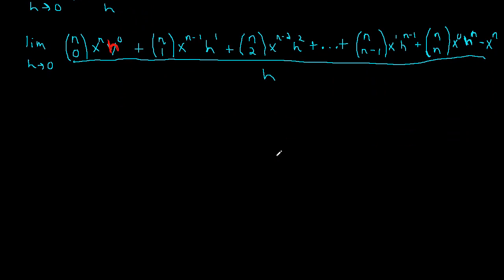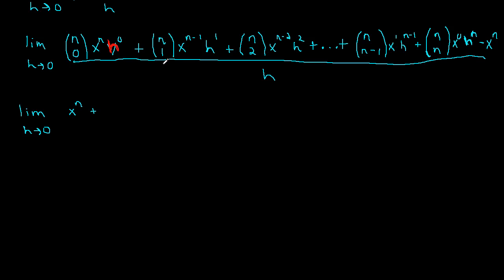Now, let's just go ahead and simplify this a little bit. And I'm going to do several things at once. The first thing I'm going to notice is that n choose 0 is just 1. And if you don't know what n choose 0 is, again, I talk about it in a previous video. N choose 0 is just 1. So this is really 1 times x to the n times h to the 0. And that's just going to be x to the n. Okay.